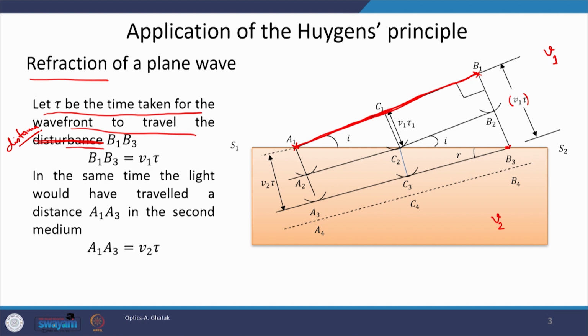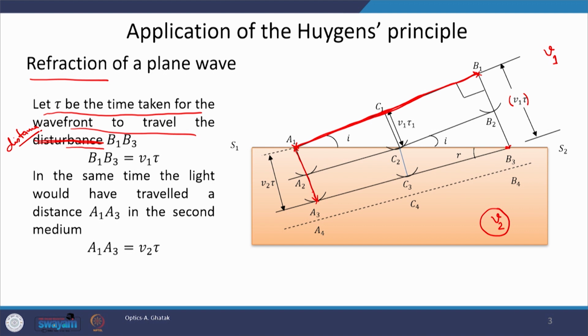During the time period tau, A1 would have gone deeper into the second medium. A1 will reach point A3 within the medium, and this much distance would be travelled by point A1 in the second medium. Since medium 2 is of different refractive index, the wave will propagate with a different speed in this medium.